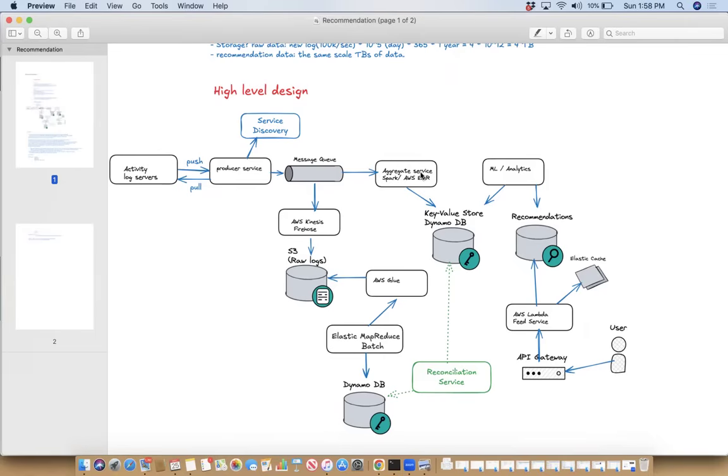Spark Streaming, yeah, or maybe AWS Elastic MapReduce, and then those aggregate data, turn the log into more meaningful entries, and store them in a database to be used by our ML models.